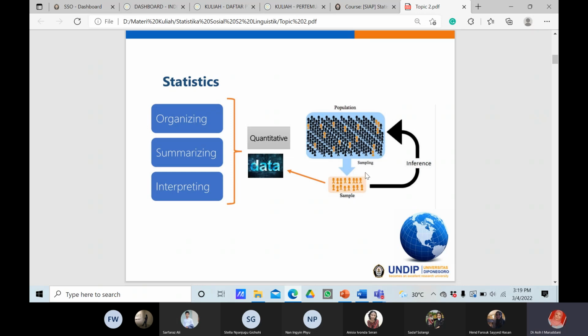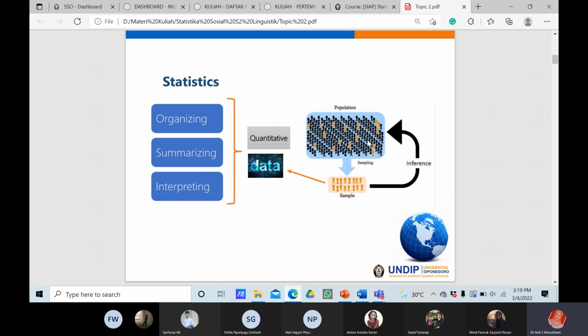The procedure of doing this step is called the sampling method. And from the sample, we can collect some data, basically quantitative data, and use statistics to organize, summarize, and interpret the data.